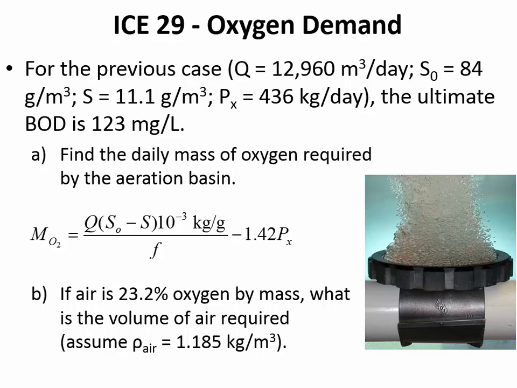And we had calculated in that previous example a sludge rate of 436 kilograms per day. So in parts A and B, first you're going to find the mass of oxygen required, and then in part B, we'll convert that to a volume basis, knowing the density of the air and the purity of oxygen inside of air.